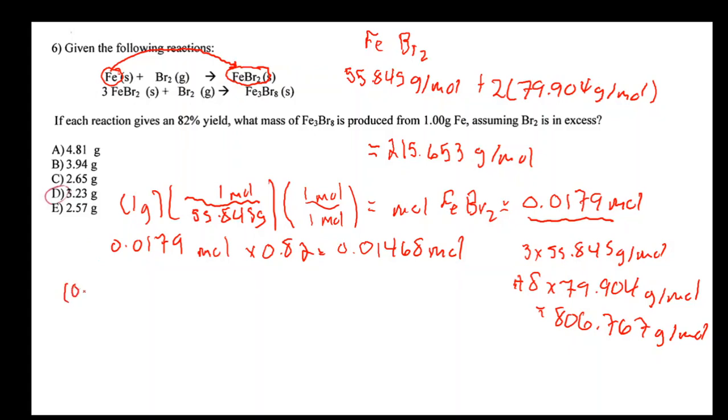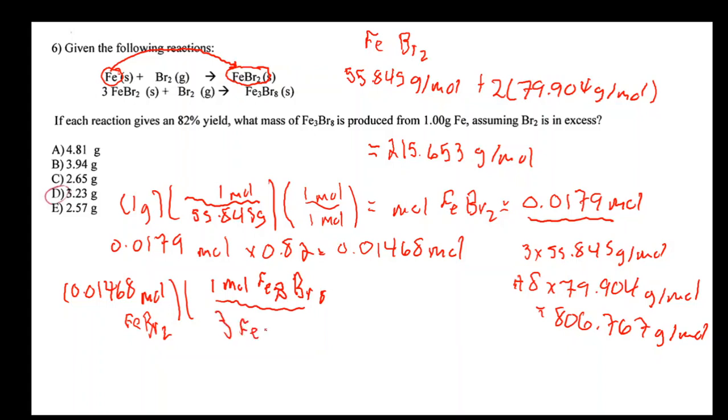So if we started with 0.01486 moles of FeBr2, and then looking at the molar ratios in the reaction here, for every 1 mole of Fe3Br8, we have 3 moles of FeBr2.